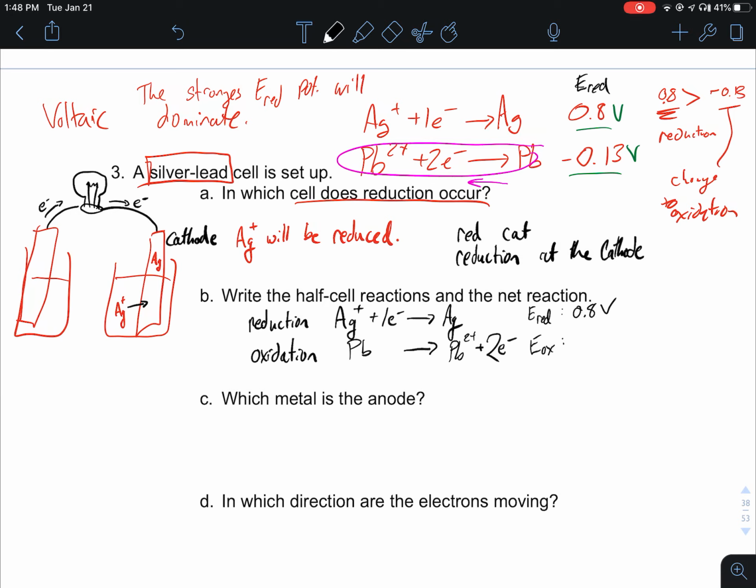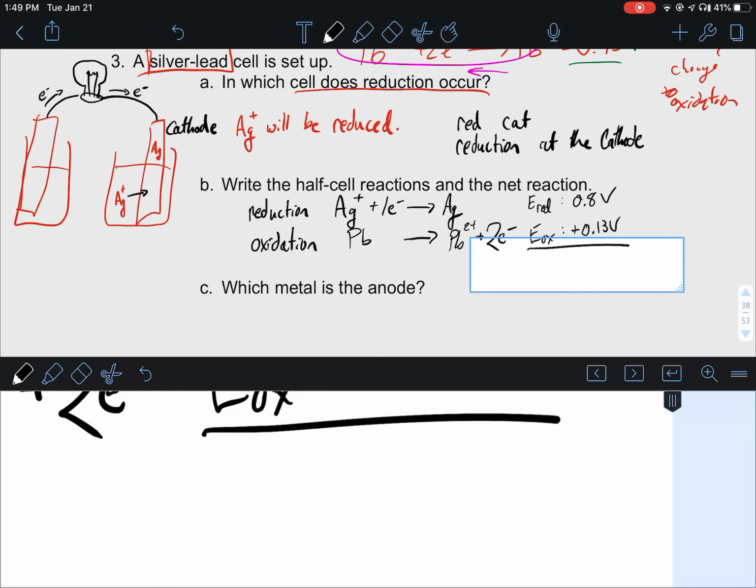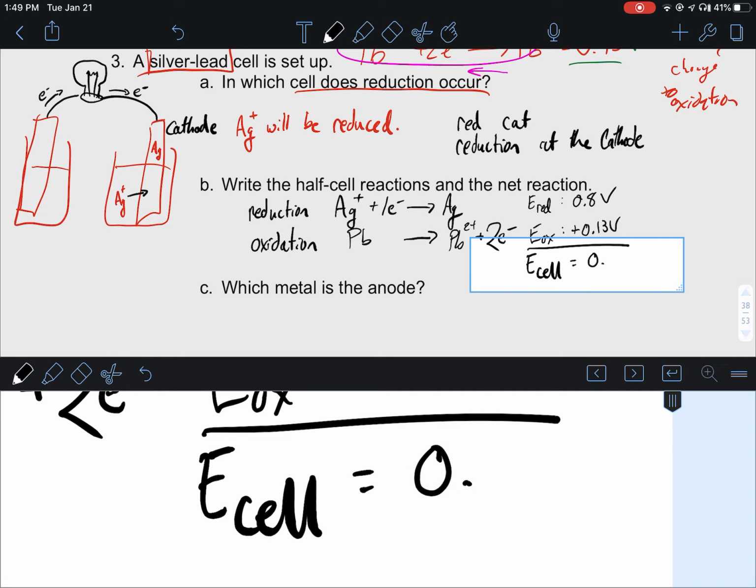So previously it was negative 0.13. Now it will be positive 0.13 volts. And that means that the entire cell, perhaps I'm going to use my zoom here, the cell is going to be the addition of these two, 0.93 volts.